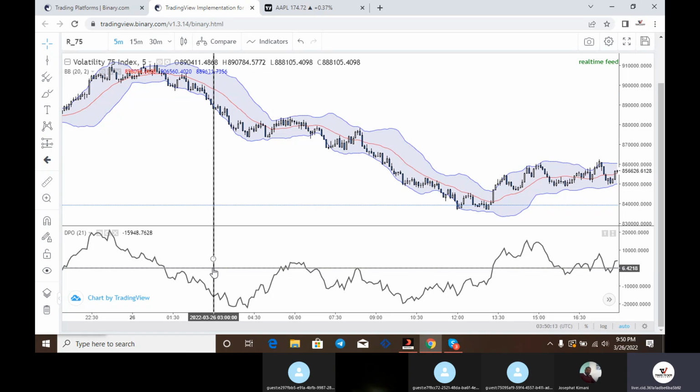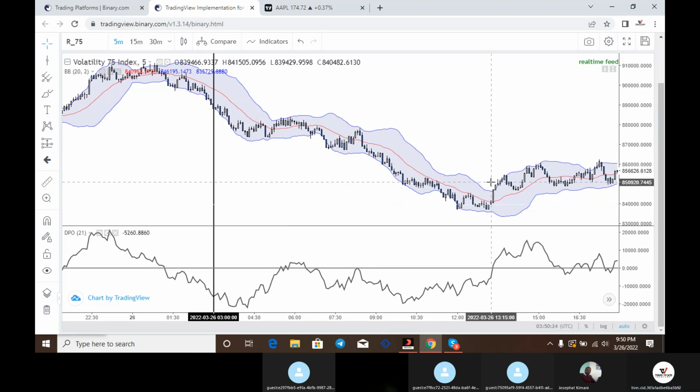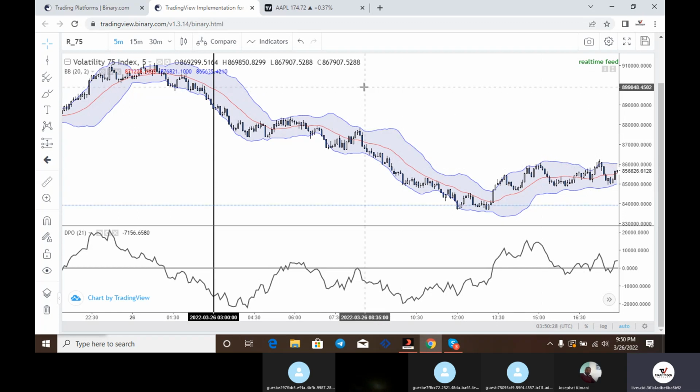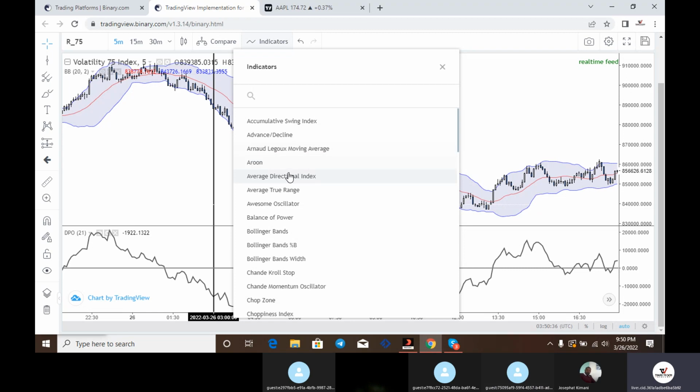So all you have to do is wait for price to get to the top of the Bollinger Band, to the top, not this, to the top of the Bollinger Band. I'm just trying to add the final indicator.